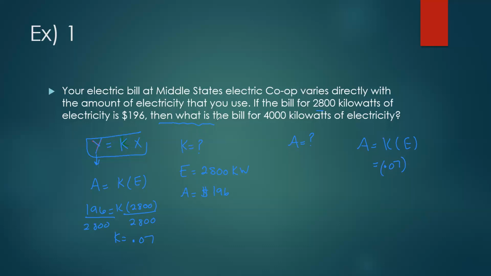We have to find A when the electricity is 4,000 kilowatts. So our E is 4,000. So our total amount will be $280. Okay. So that is the step to do this variation problem. Go ahead and take some time to copy.